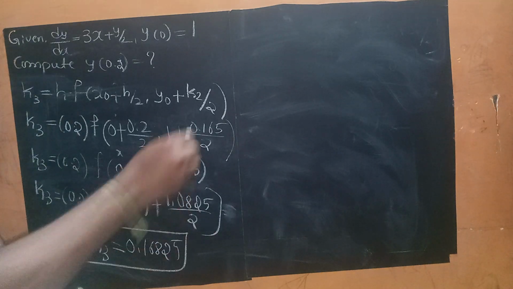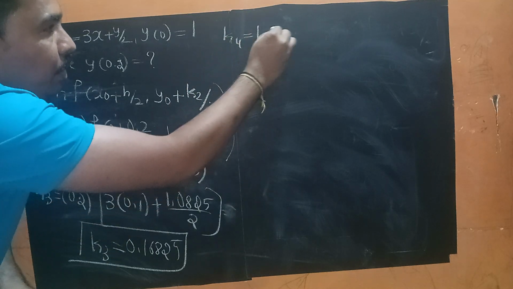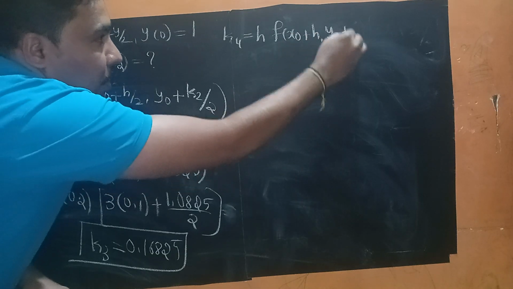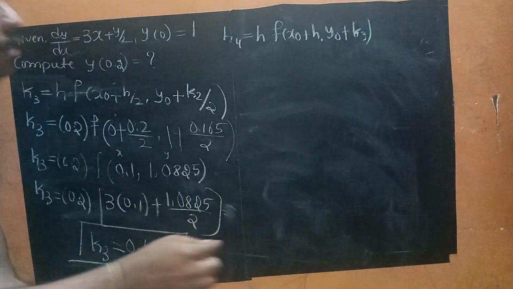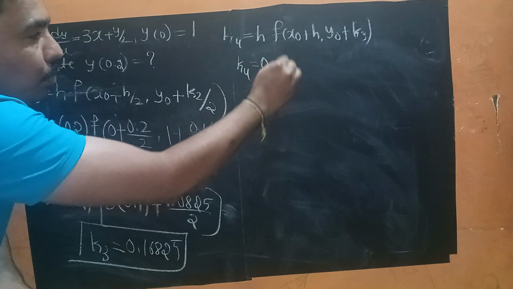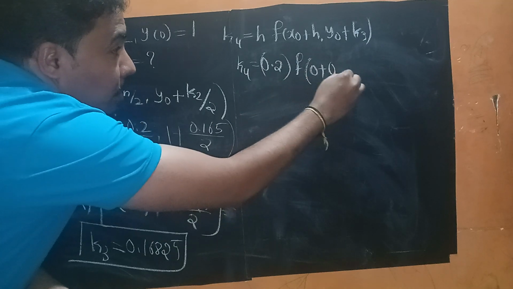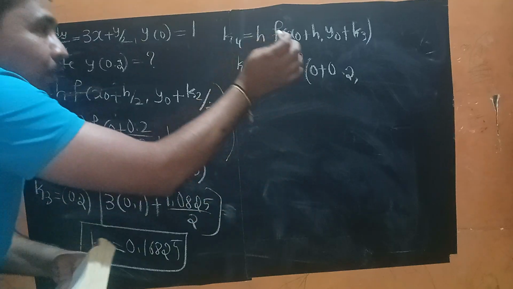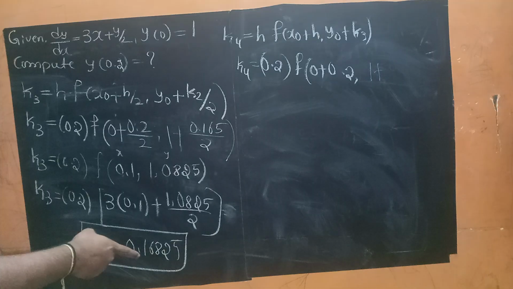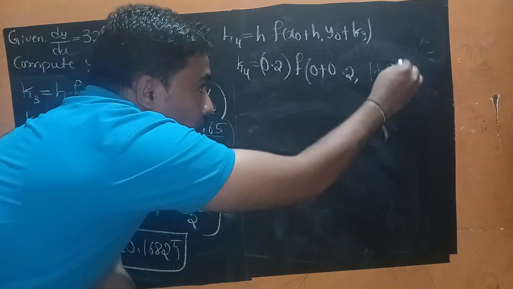Next we have to find out K4. K4 formula we have h into f of x0 plus h, comma y0 plus K3. So if we replace all the values here, 0.2 into f of x0 is 0, h is 0.2, comma y0 is 1, plus K3 we have obtained here 0.16825.